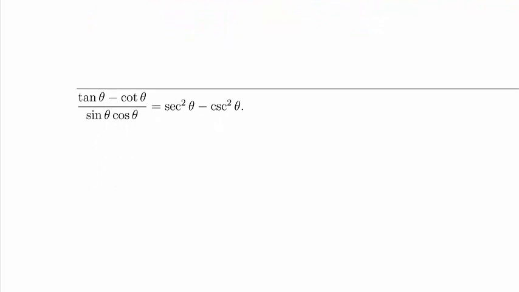Alright, next one. We've got tan theta minus cotangent theta on the left, all over sine cosine. So let's see, let's go ahead and make one quick observation on the right-hand side. It might help us, it might not, but we're going to write it anyways. We can see that these are conjugates here, or can be broken up into conjugates pretty easily.